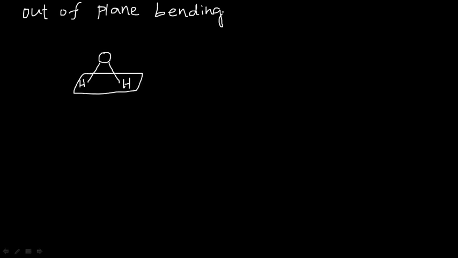If the two hydrogen atoms simultaneously move from the plane, above the plane or below the plane, I will write like this. This is above the plane. If the two hydrogen atoms are coming below the plane, then they may look like this.